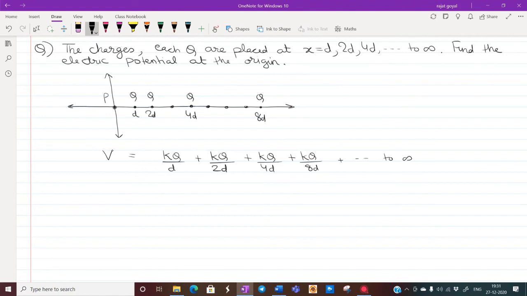This will be the net potential. So we can take K Q upon D as common. So it will be 1 plus 1 by 2 plus 1 by 4 plus 1 by 8 up to infinity.